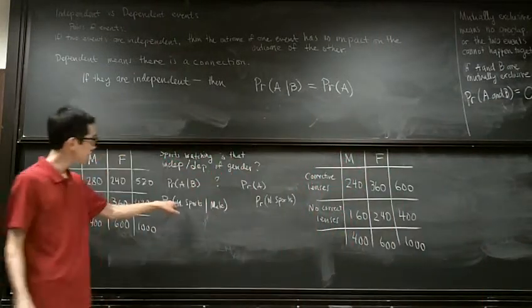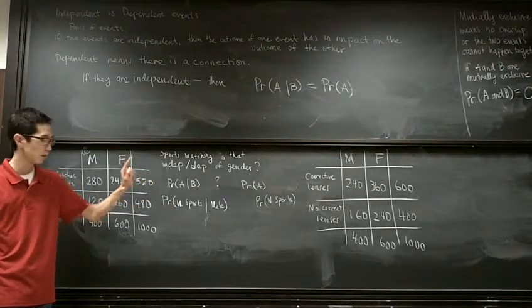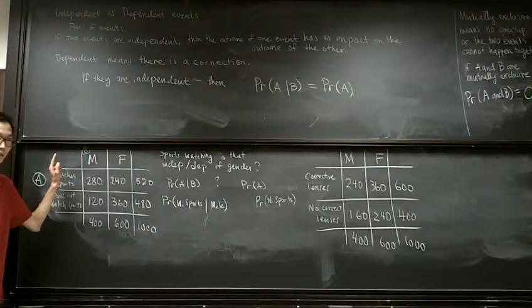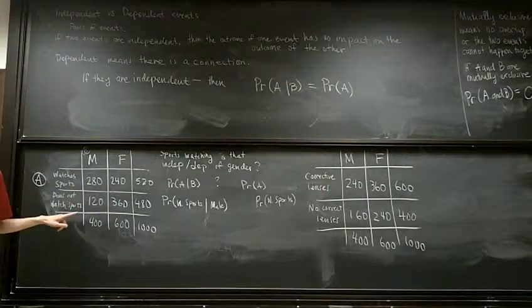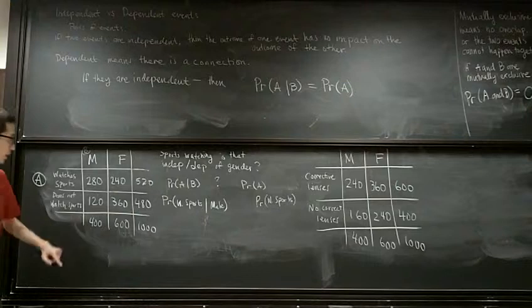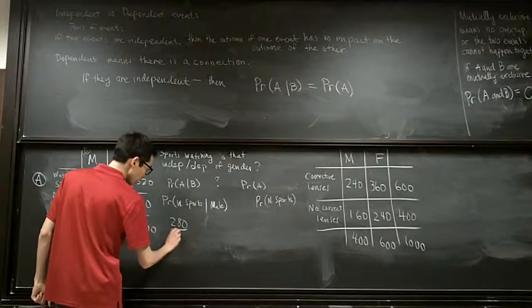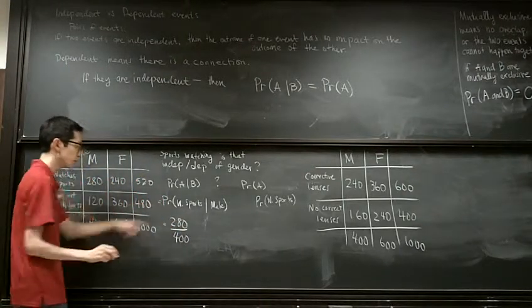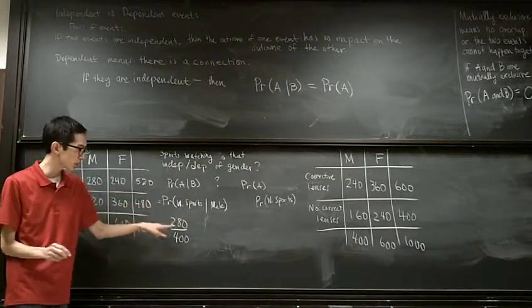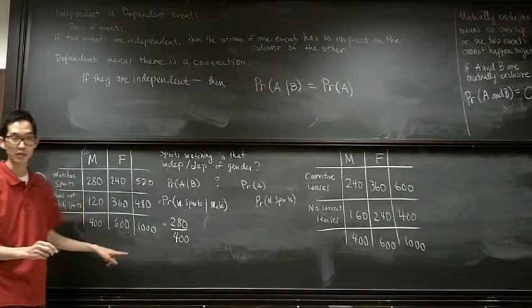Alright, so what is the probability of watches sports given male? 280 over 400, right? Okay, so make sure you can do this. Probability of watches sports given male is 280 over 400.